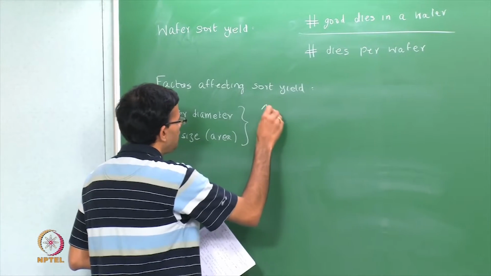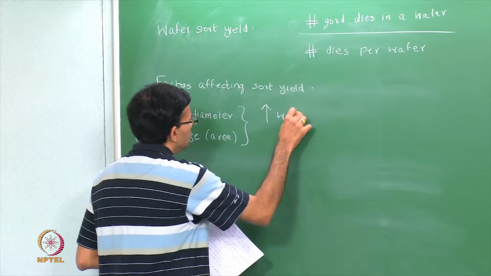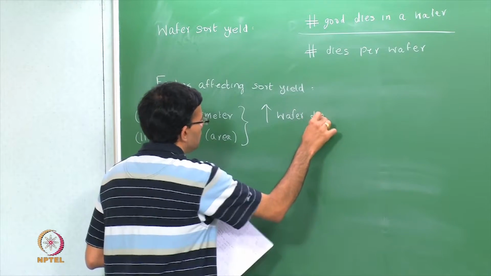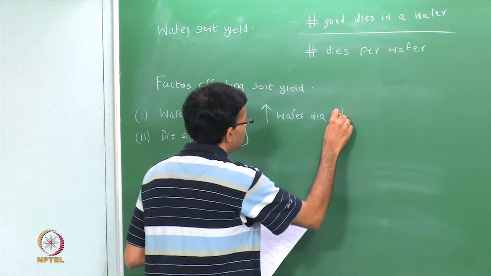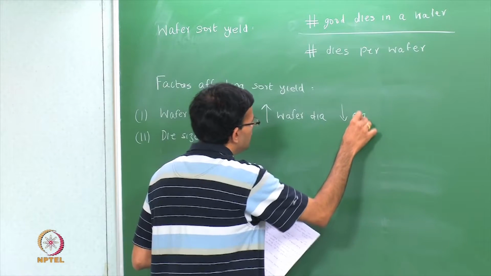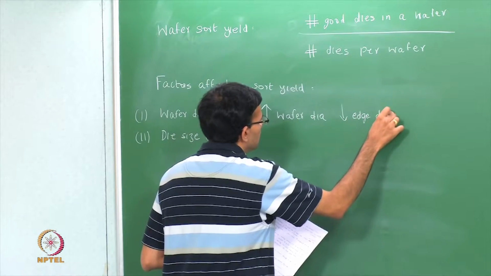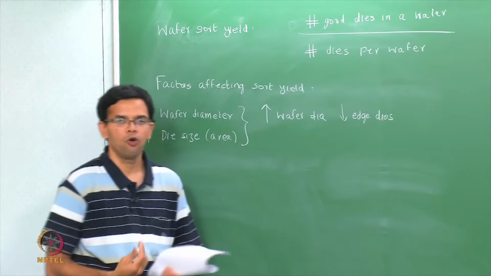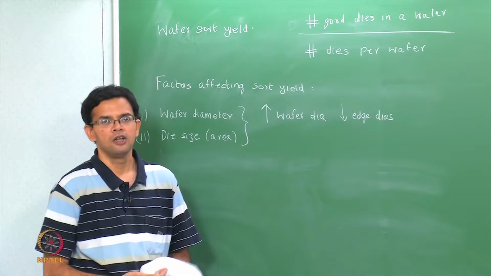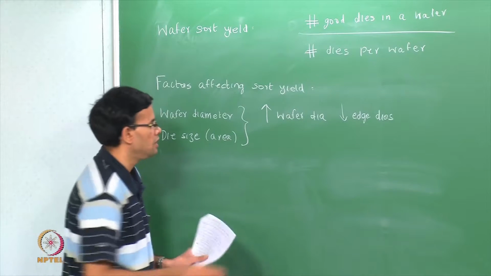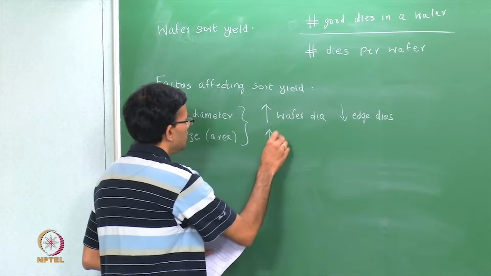So, increasing wafer diameter will basically reduce the number of edge dies and again increase the overall sort yield. The opposite thing happens if we increase the die size.